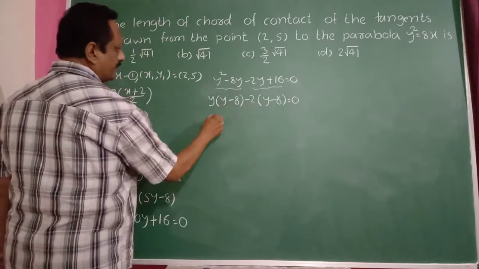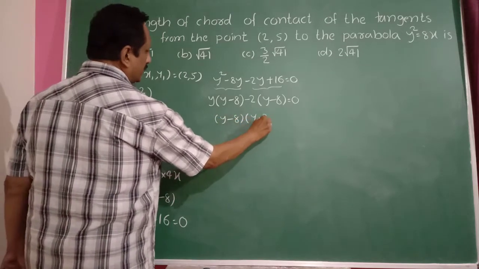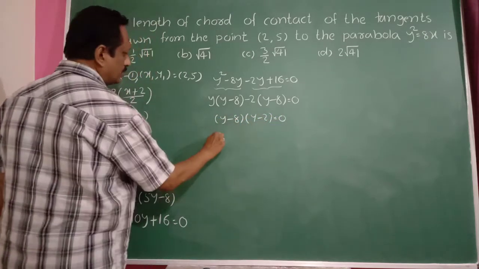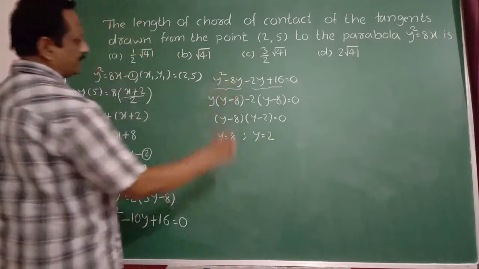Y minus 8 is common, so (y minus 8)(y minus 2) equals 0. Hence y equals 8 and y equals 2.